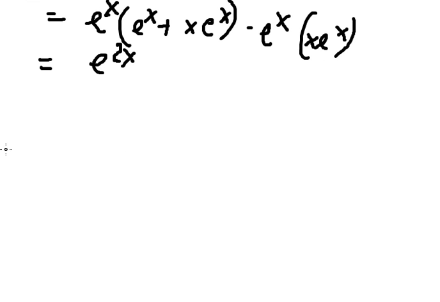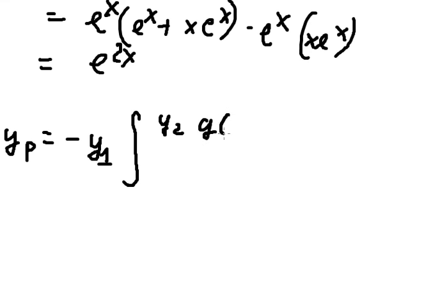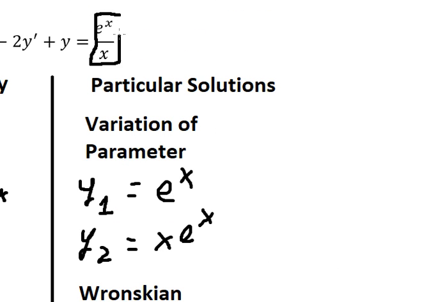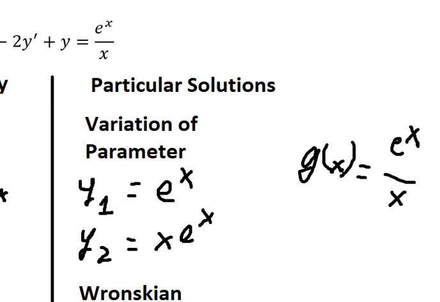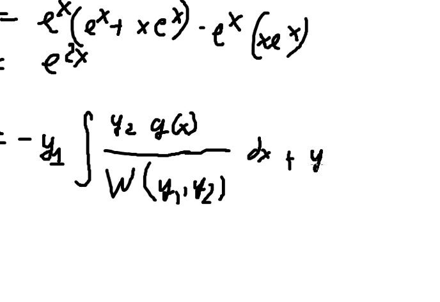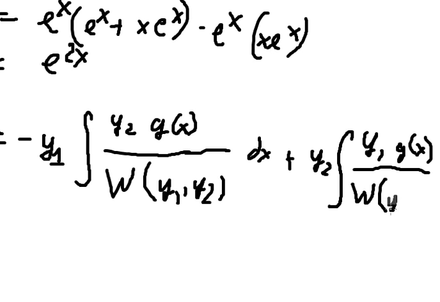And now we can apply the formula, yp equals negative y1 times the integral of y2 g of s over the Wronskian of y1, y2, plus y2 times the integral of y1 g of s over the Wronskian of y1, y2.